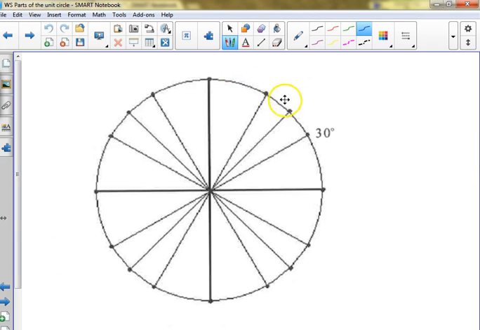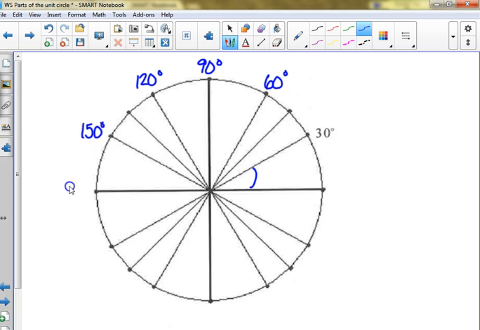But I just want to talk about degrees for a minute. 30 is this width right here. So where's the next time we hit a multiple of 30? Yeah, we skipped this guy, right? We go 30, 60, 90. What's another 30? And another 30.